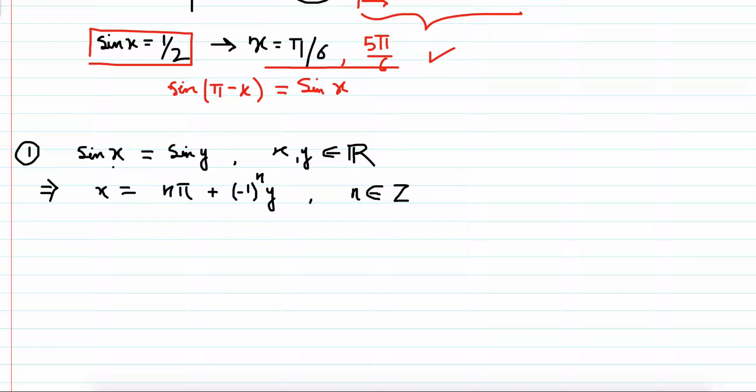There are multiple scenarios. If we put n equal to 0, we will get the first term 0 and the second term y, so x equal to y. If n is 1, then we will get pi minus y.